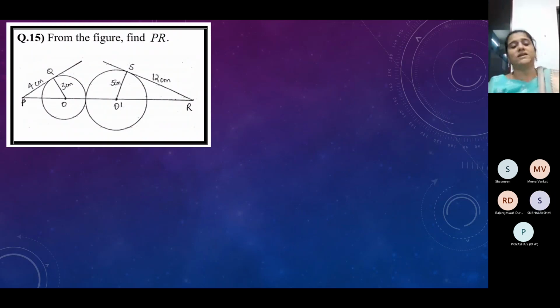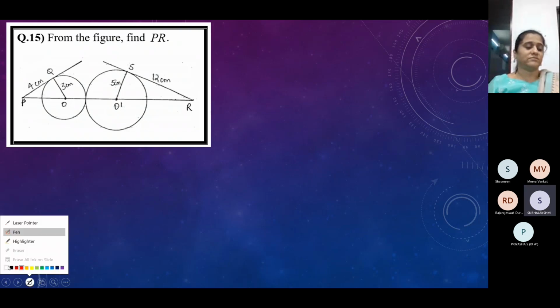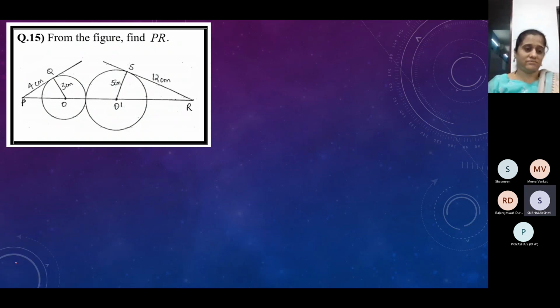Very good. Lakshmi, tell us how to do this. By Pythagoras theorem, we have to find OP and RO dash. In triangle POQ, the right angle is at Q. So OP is the hypotenuse.